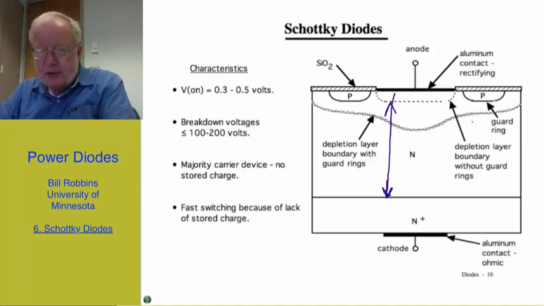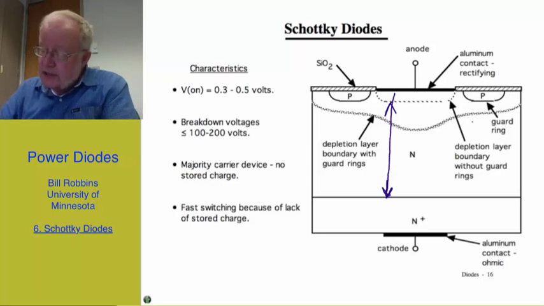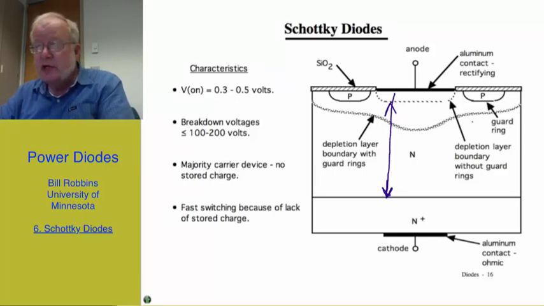The other thing that we absolutely must have is guard rings, because at this interface we're going to have a depletion region, and the doping in the drift region now has got to be significantly higher than it is in the drift region of a p-n junction diode. Our breakdown voltage is going to be much less.